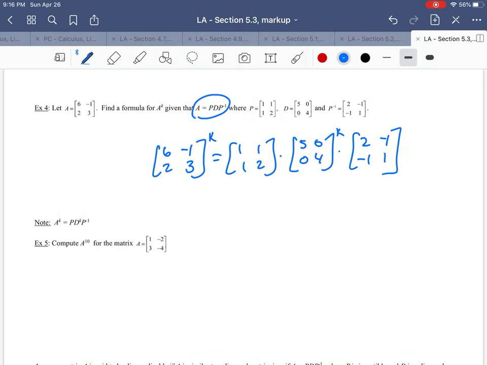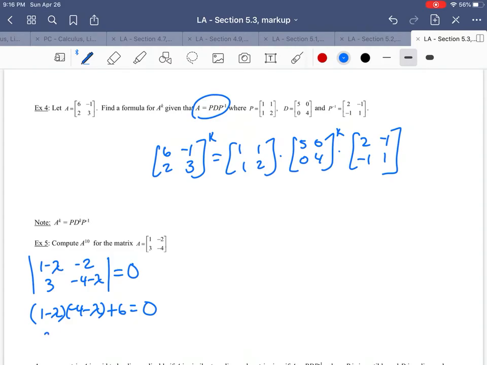So we have to find the characteristic equation. So I have 1 minus lambda, -2, 3, -4 minus lambda. Determinant equals 0. So you get 1 minus lambda times -4 minus lambda, and let's see, plus 6 equals 0.